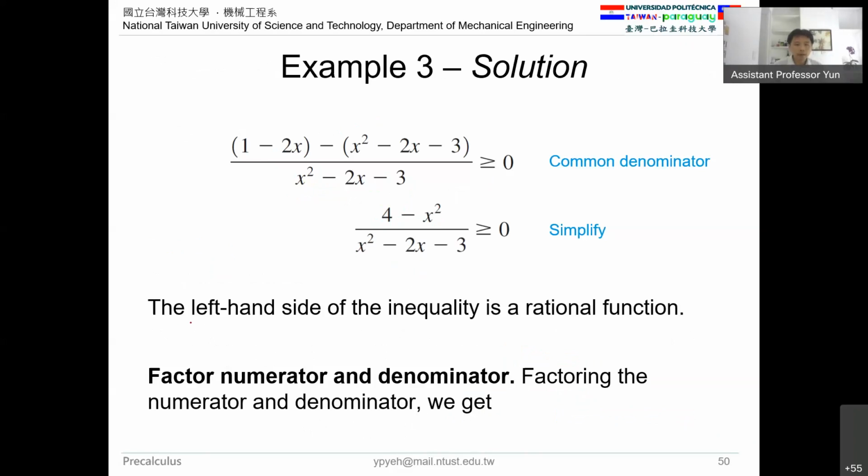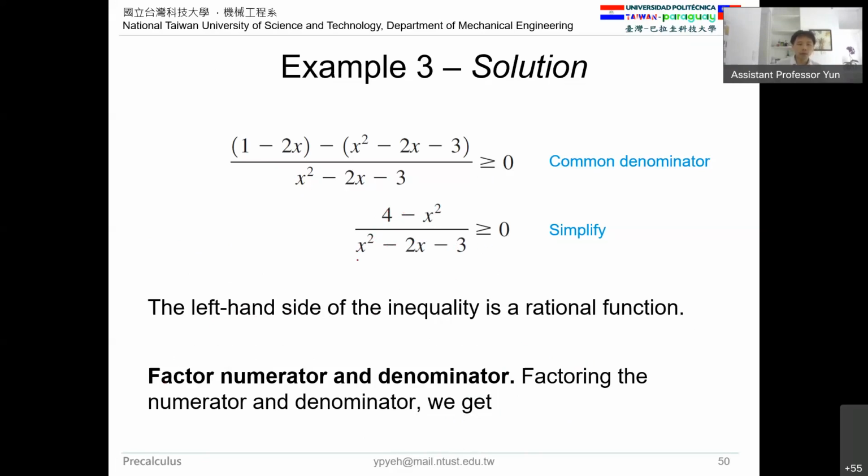Then the left-hand side of the inequality is the rational function, which will result in 4 minus x squared divided by x squared minus 2x minus 3, which is larger than or equal to 0. Okay.